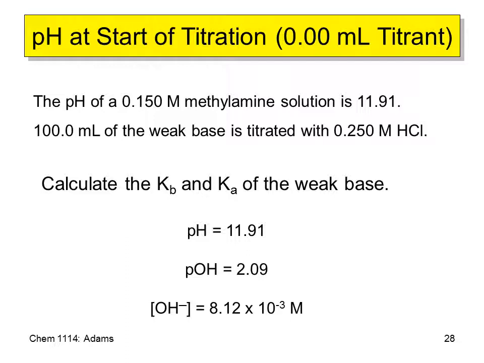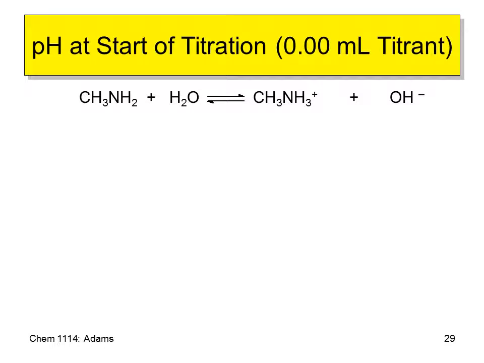1A here says calculate the Ka and the Kb of the weak base. Well, if you're given the pH, you can calculate the pOH. And I'm going to do this because I know we're in a weak base. I need to calculate hydroxide ion concentration. 10 to the negative 2.09 gives me the hydroxide ion concentration. I am going to start off with the weak base dissociation equation.